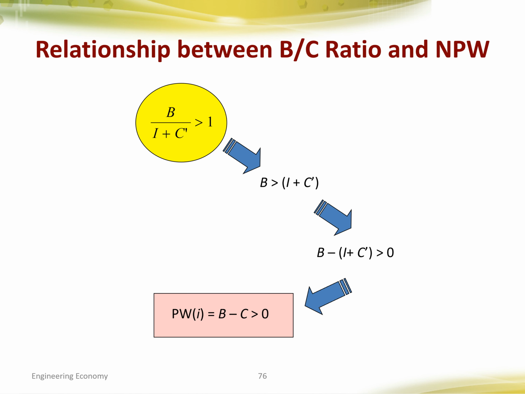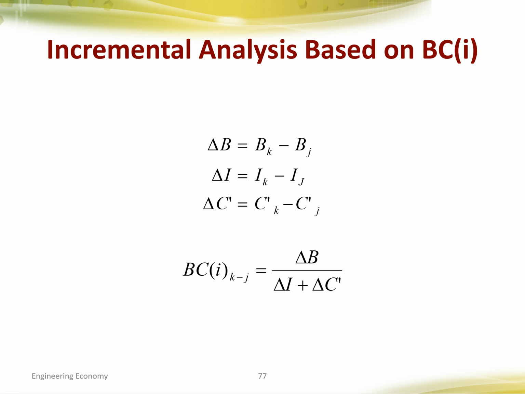and we will gradually derive different kinds of criteria based on this logic. So with benefit cost ratio as the criterion for evaluating the feasibility of a project, we can further expand the criterion to evaluating and selecting from multiple alternatives.